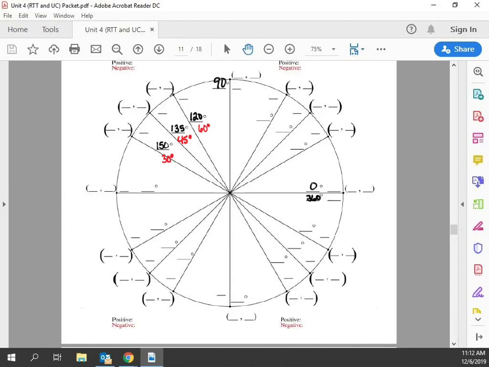So we'll just rewrite everything we did. So I went ahead and moved everything from what we just did into the first quadrant.